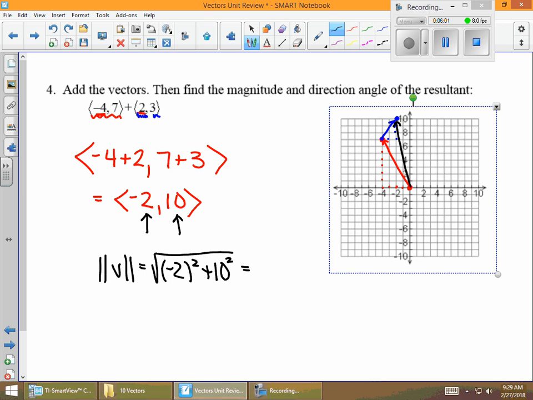The magnitude is the same as the length of the vector. That gives us the square root of 104. We need to break that down. Square root of 104, we can break that down into square root of 4 and square root of 26. So our magnitude is 2 square root of 26.